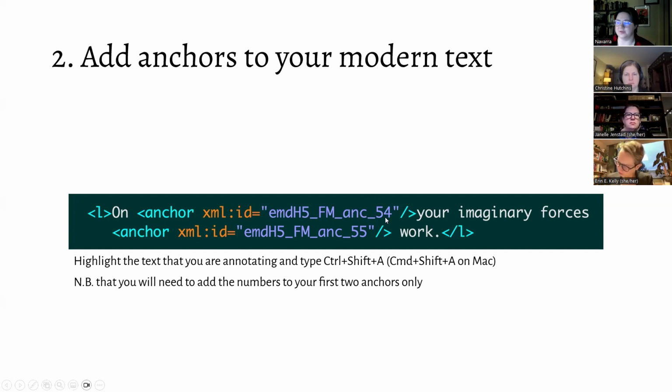For those first two, just type the number 1 and then the number 2. And then from there on, you're golden. You type your Control-Shift-A and it will number them for you, which is really nice because if you've already done your collation, you've already added a bunch of anchors, and you might be starting from the beginning of your text again. And so you might not know exactly what anchor you're on. You don't need to keep track of that. Don't stress about it. Let the computer do it for you.